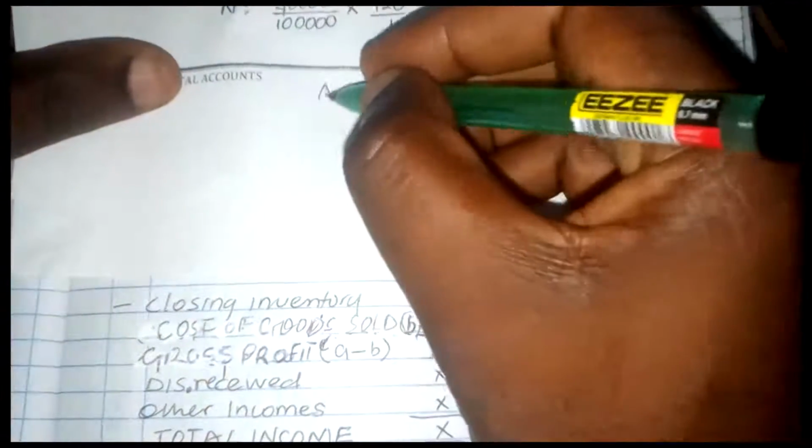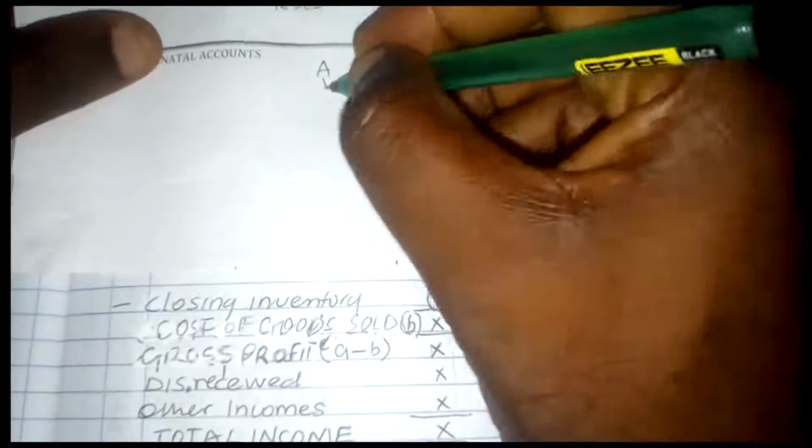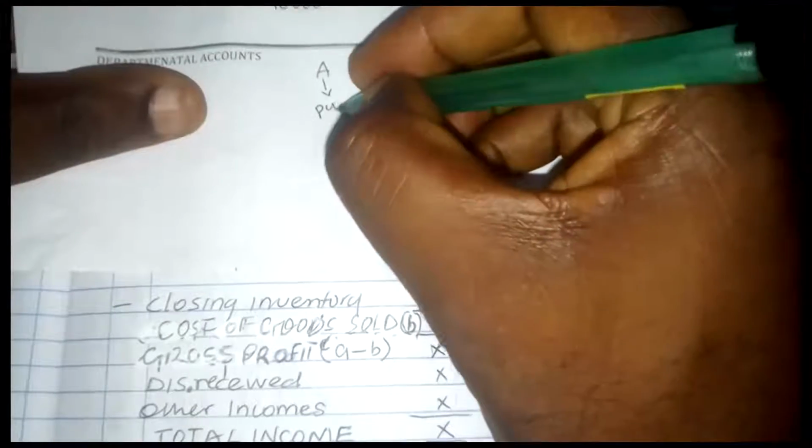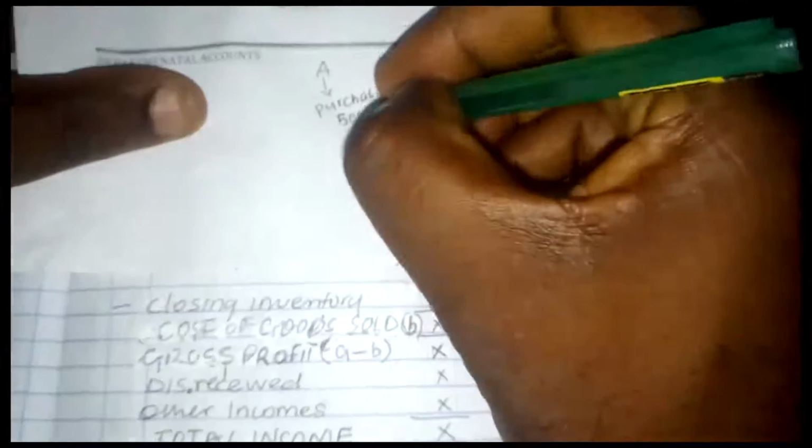Supposing you have two departments, A and B, and Department A made purchases, say, of 50,000 naira for the period.